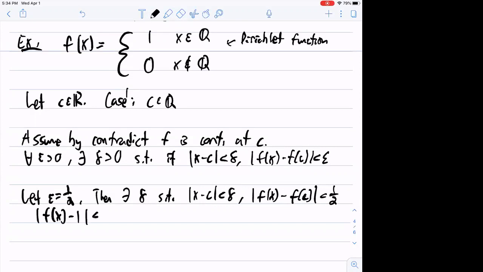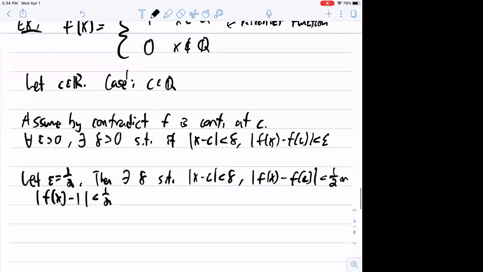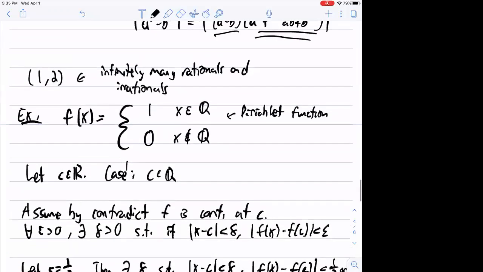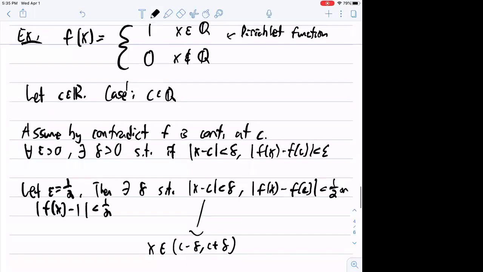So this is the same as, right. But this is an issue, right? Because what does this mean? I wrote it before. This means x is in the interval c minus delta, c plus delta, right? And if you believed what I just said before, given any interval, there's infinitely many rationals and irrationals.